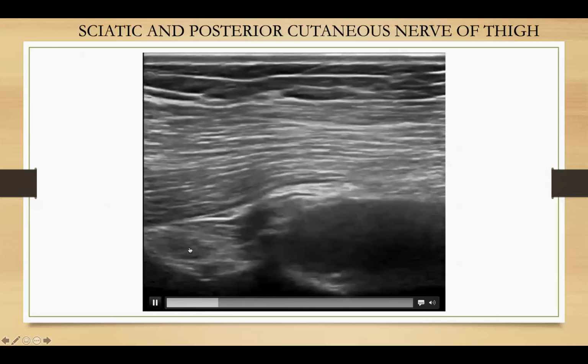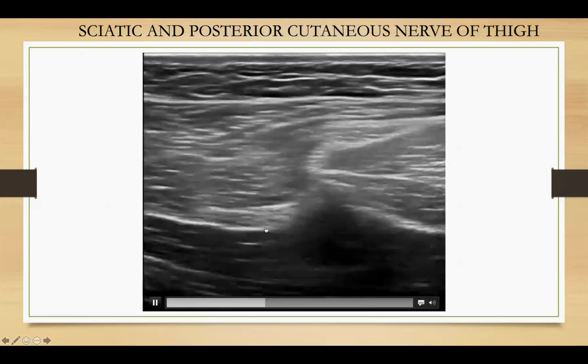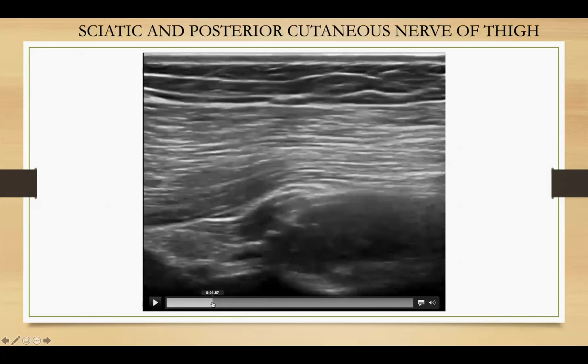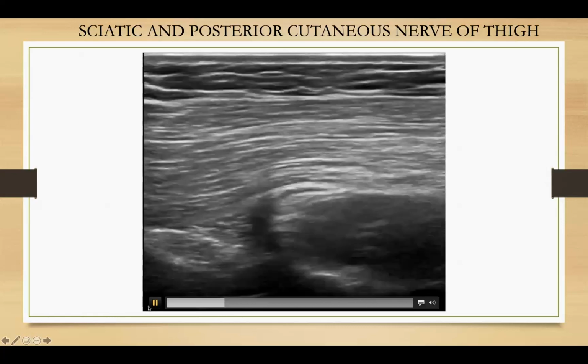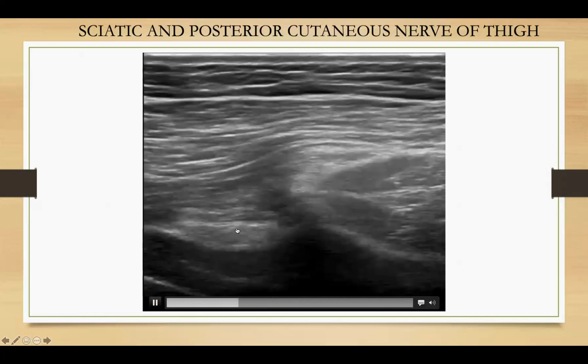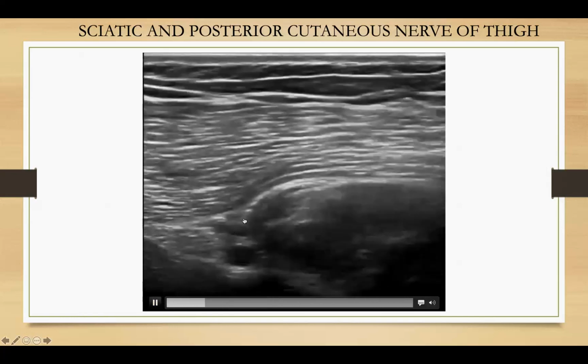So again, sciatic nerve, inferior gluteal artery, and then this is the region where the posterior femoral cutaneous nerve is moving from a relatively deep position to a relatively superficial position over the biceps femoris muscle. So this is the area right there.